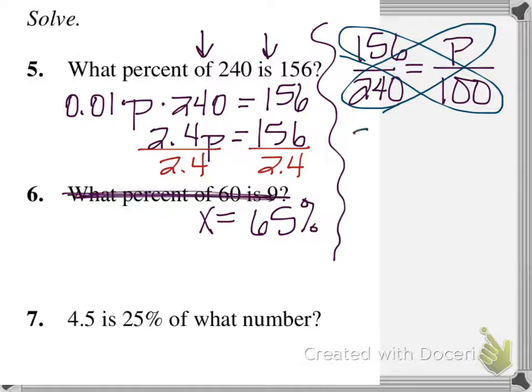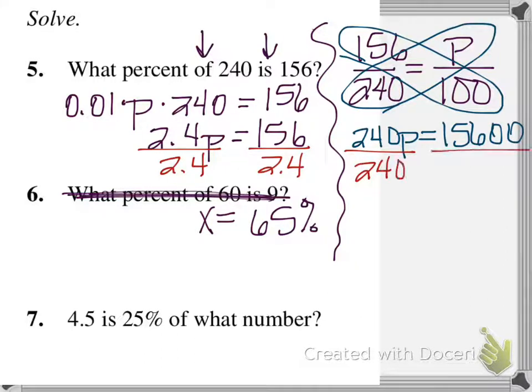So I would have 240p as one cross product. The other cross product is 15,600. Now I would divide both sides by 240, and I get 65%.